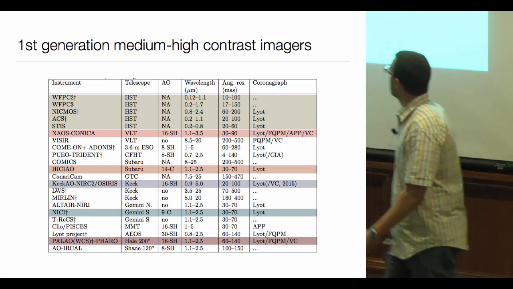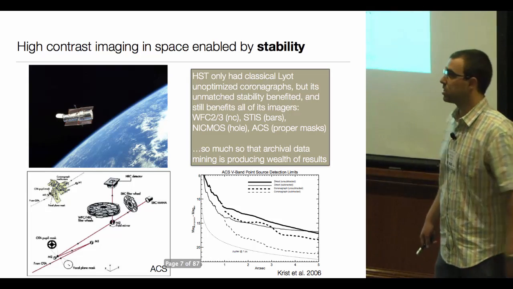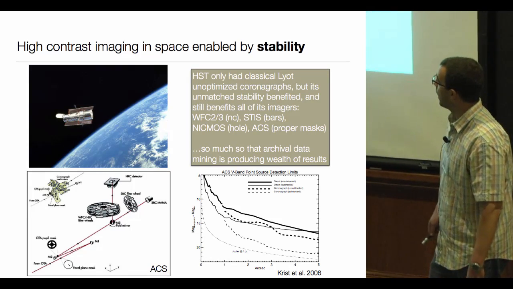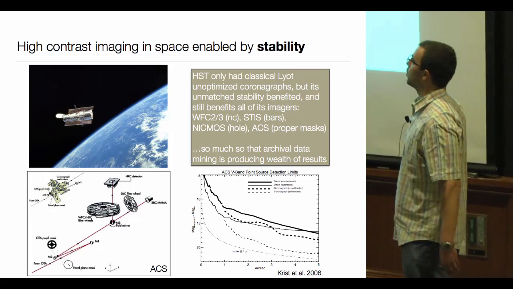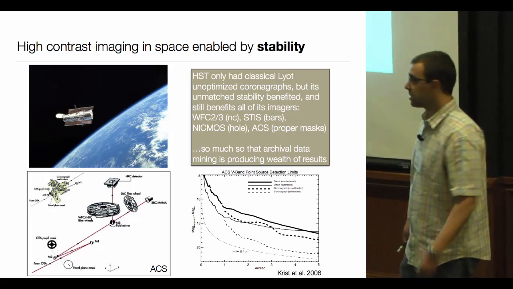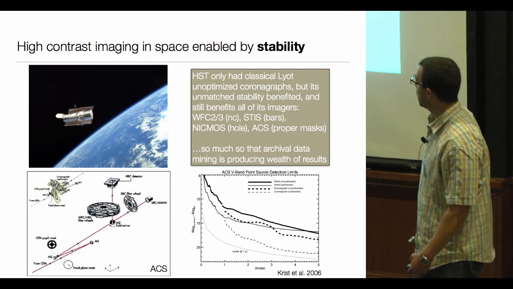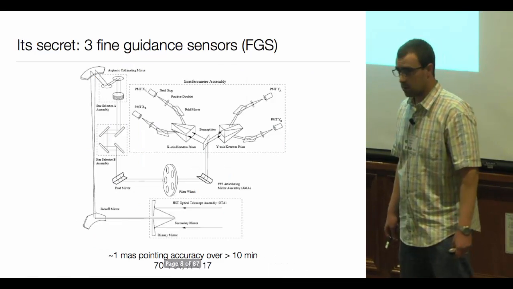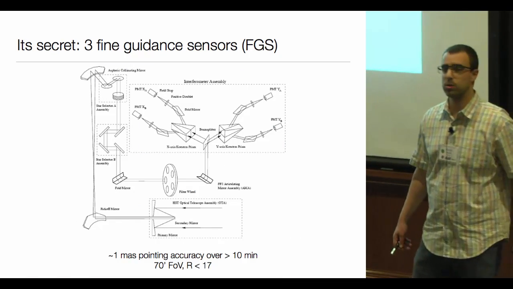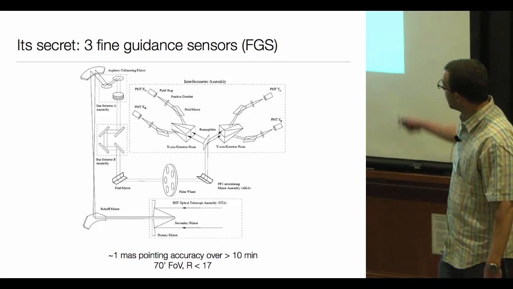But I will start first with HST, which is in this privileged situation outside of the atmosphere. And it's not only its position that is producing these amazing results that we've all seen for the past 25 years. It's also the fact that HST is equipped with 3 fine guidance sensors, and that's something extremely important to high contrast imaging, and that will come back over and over again.